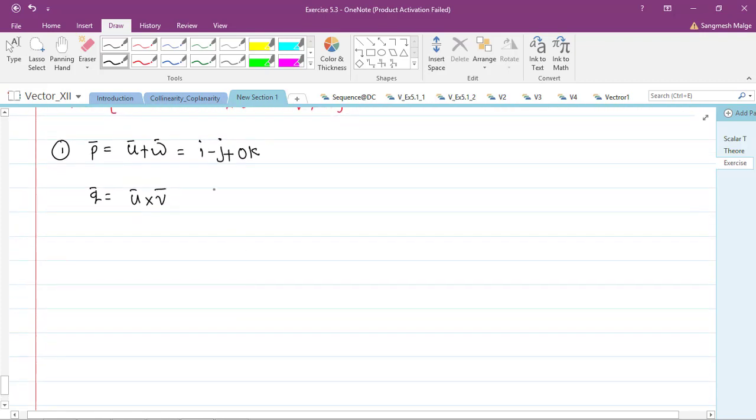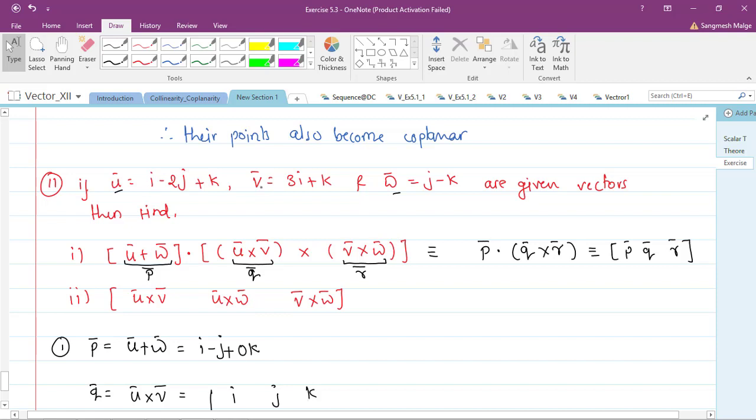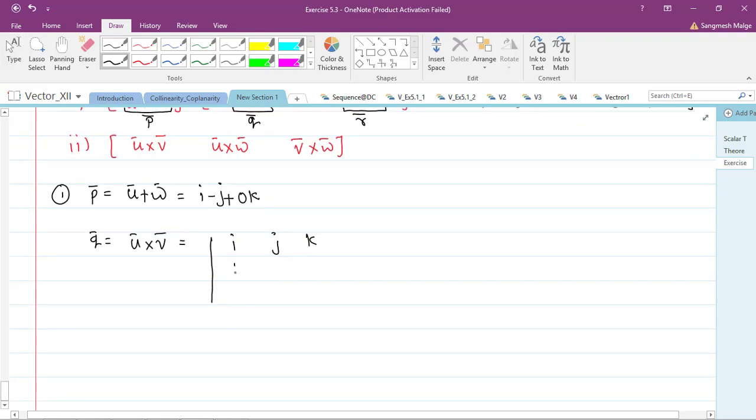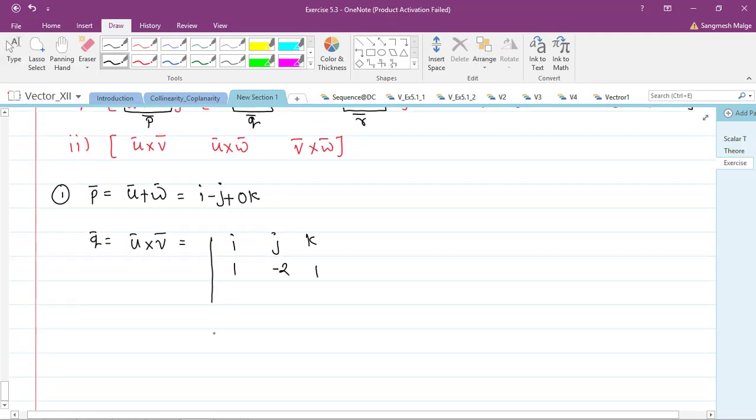This is nothing but the determinant of i, j and k, and u's coefficients are 1, minus 2, 1, and v's coefficients are 3, 0, 1. So let's find the determinant.